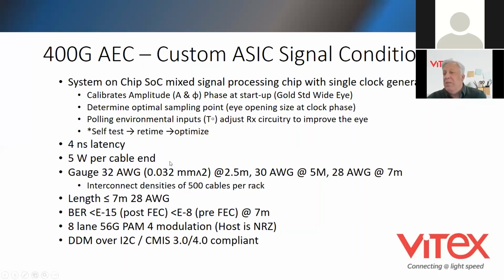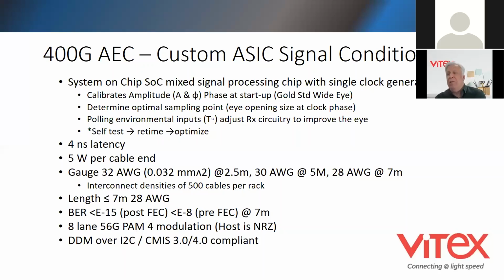When we talk about thickness, remember we talked about a 28 gauge earlier. For very short reaches, we're talking about 32 AWG, and that's 0.032 millimeter square diameter. That's about 40% of the size of the same gauge as it was for the DAC cable at the same length and at the same bandwidth.